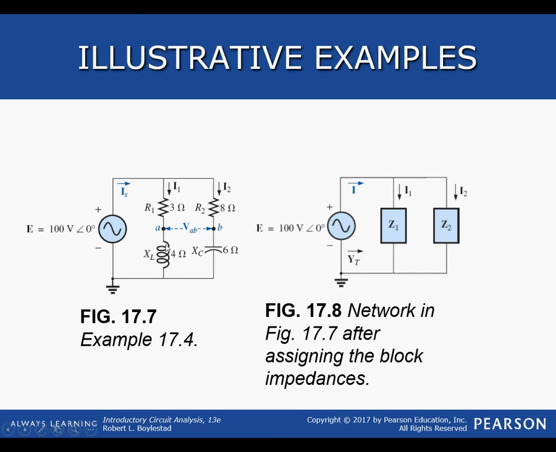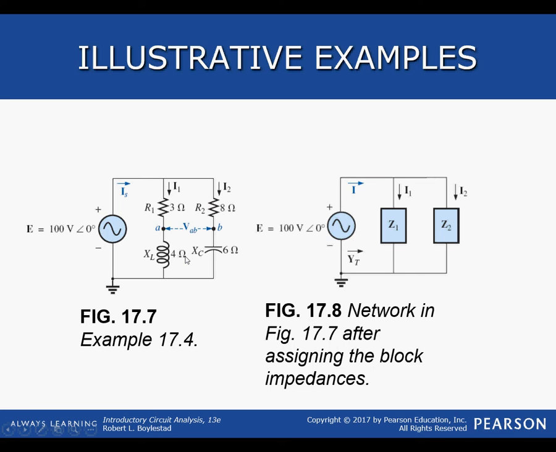Another example, they have this resistor, inductor, another resistor, and a capacitor. So they broke it down into these two impedances. So Z1 would be the impedance of R1 added to XL, the impedance of the inductor.